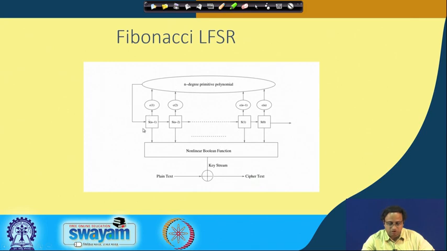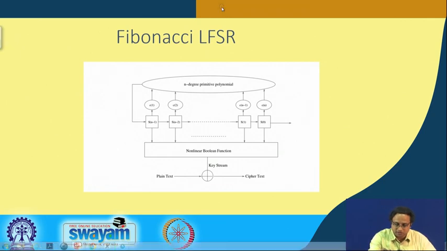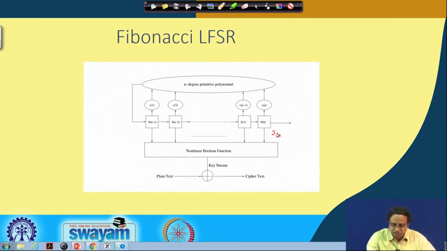Here you have the n states of the LFSR. This is denoted as the S0 state, this is the S1 state, and so on, the Sn minus 2 state, and this is the Sn minus 1 state. And then we observe the feedback polynomial.